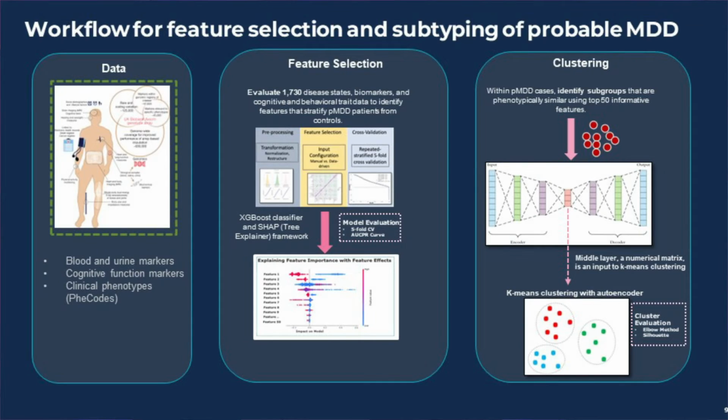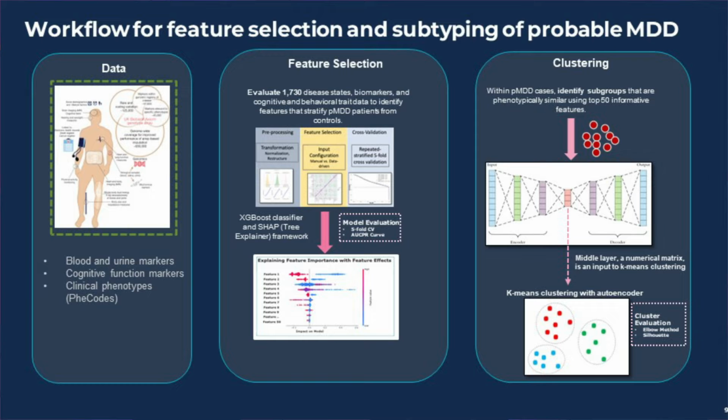So moving next, now that we have a clear understanding of what cohort, what's the sample size, wanted to give you a workflow overview. So we started with the data. So from UK Biobank, you've seen all the data types. Now I wanted to focus on specific data that I've utilized for this analysis, for this research question. So I'm using blood and urine biomarker data. Then we've collected the cognitive function measures.